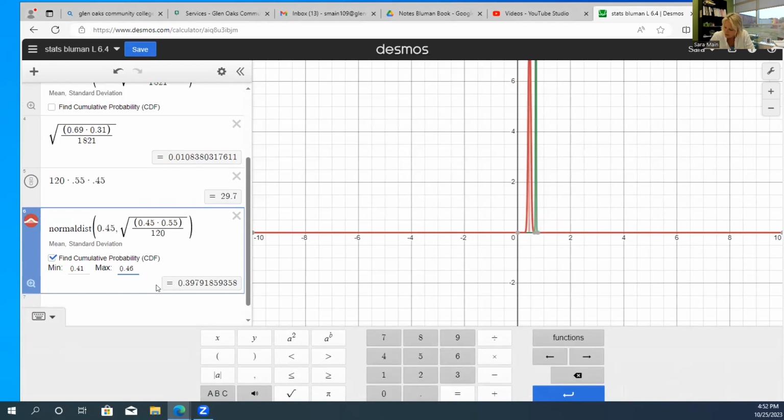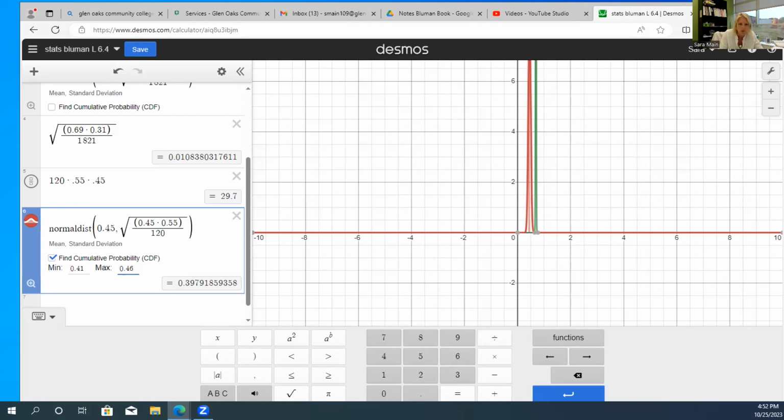It looks like we could expect almost 40% of the samples to have between 41% of them saying to 46% of them saying that they're going to watch the Super Bowl.